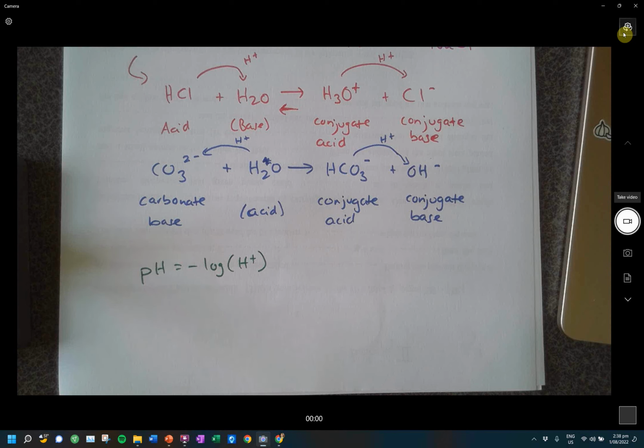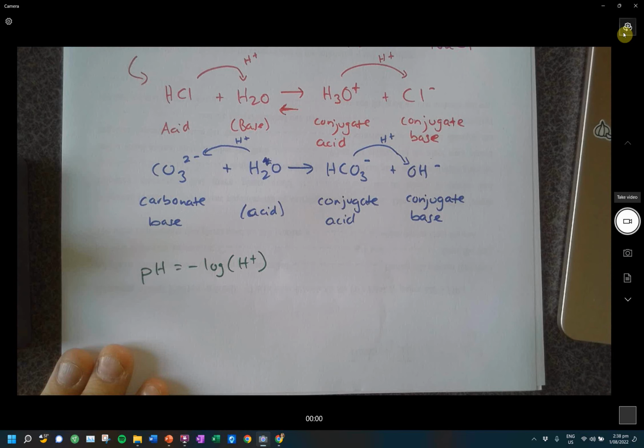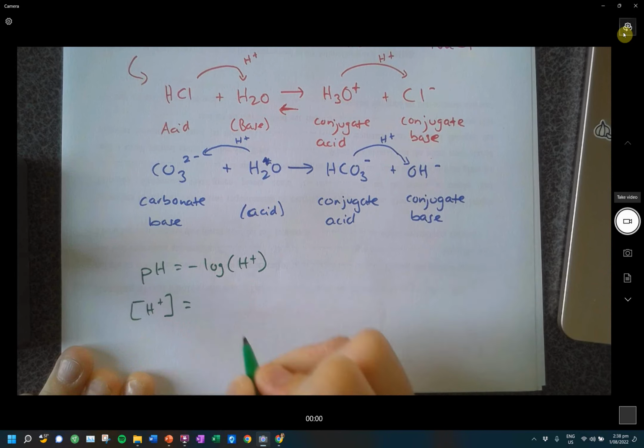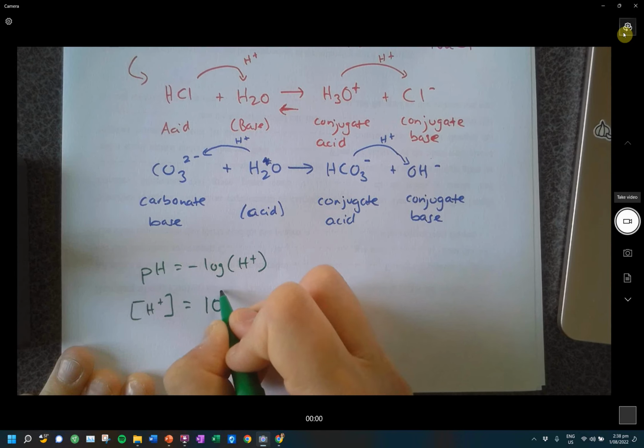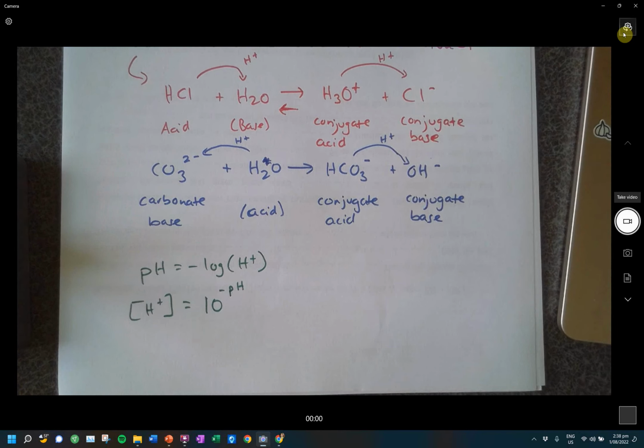We can also go in the other direction and use the pH to figure out the concentration of the hydrogen ions. If I want to do it in reverse, I can do 10 to the power of the negative pH value, and that tells me how much hydrogen ion I have. So that's the relationship between those two.